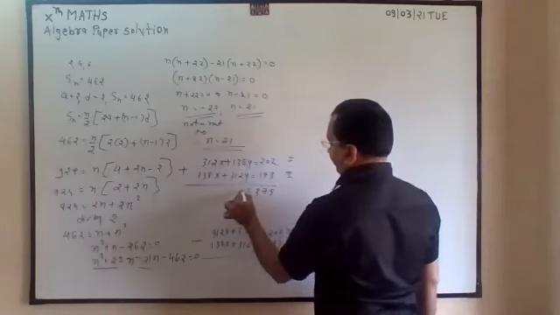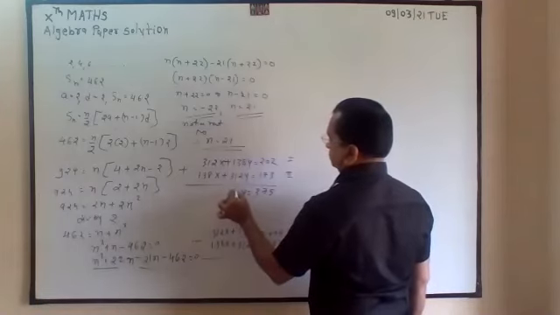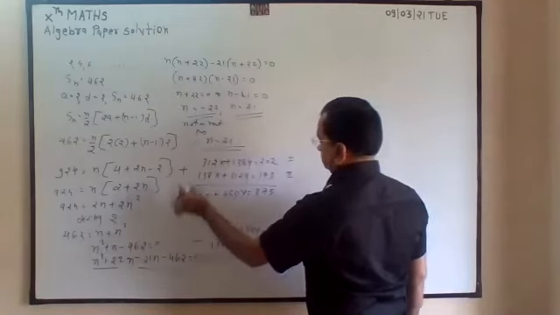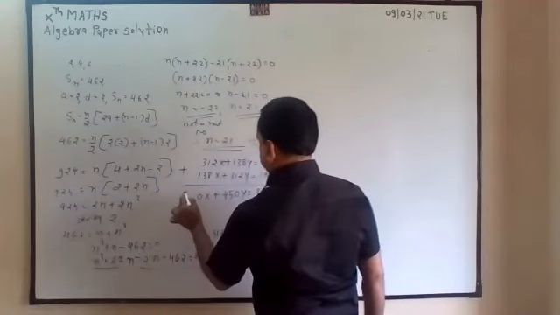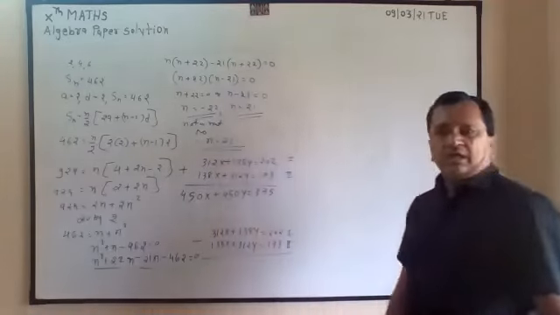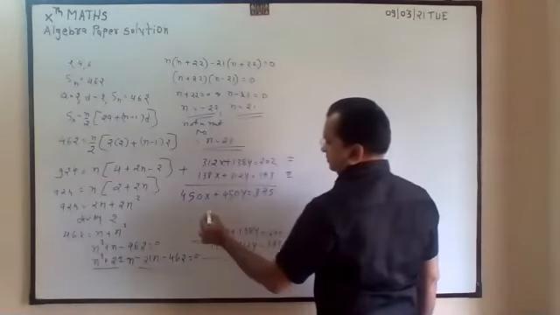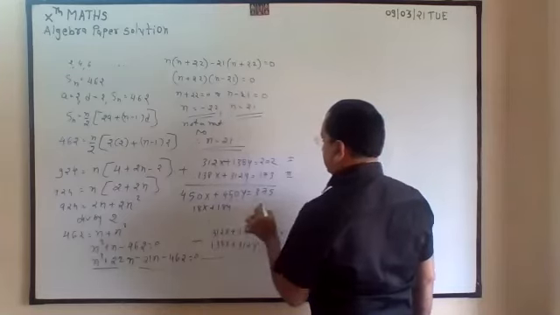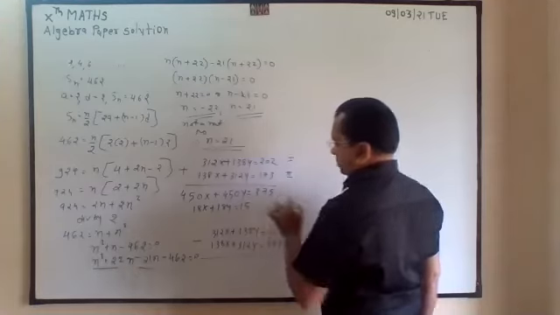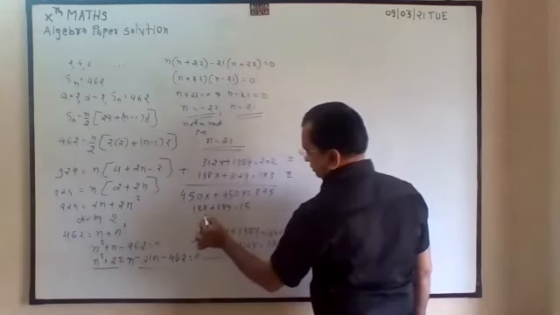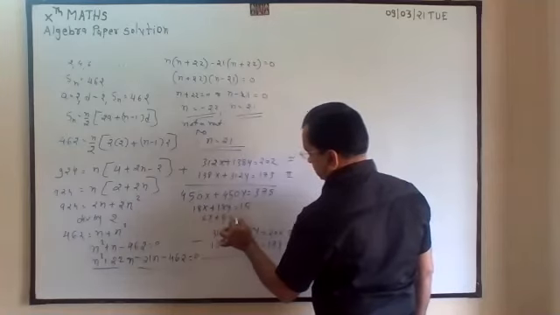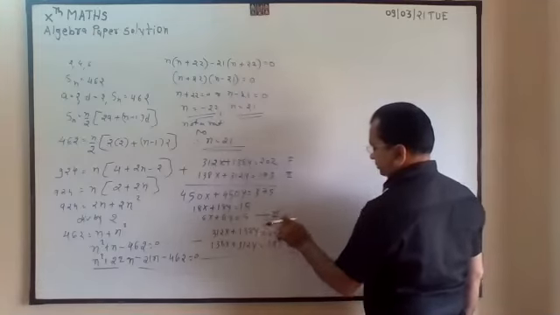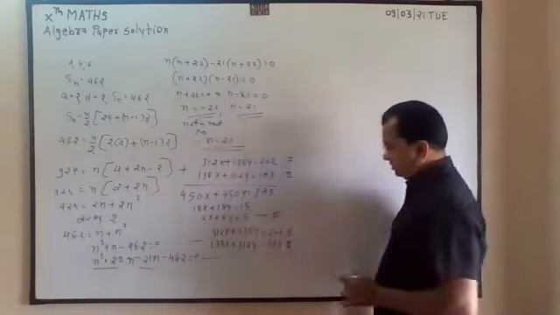Now only with 25 we can cut. 18x, 18y. Now again with the 3 we can cut. Correct. So this is 3. Now subtract this minus this.